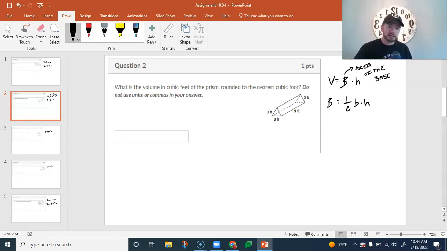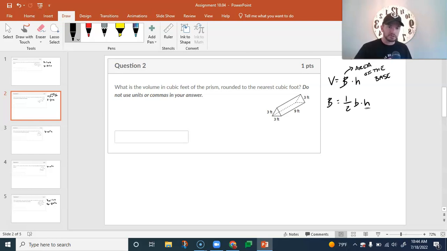So we need to find the area of this triangle, and then multiply it by 9. The hard part is we need to find the height of the triangle, and in order to do that, we're going to have to use the Pythagorean theorem. So this is the formula that we're going to use for the area of the base, and this is the number that we're looking for. We don't know the h. The base will be 3, but we just need to figure out how to go from there.